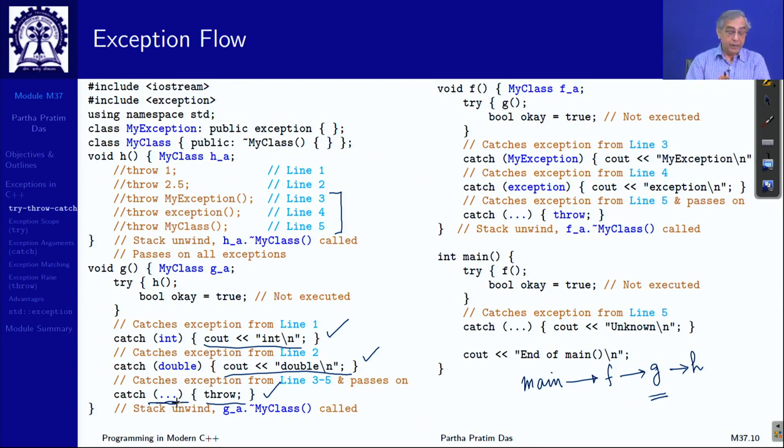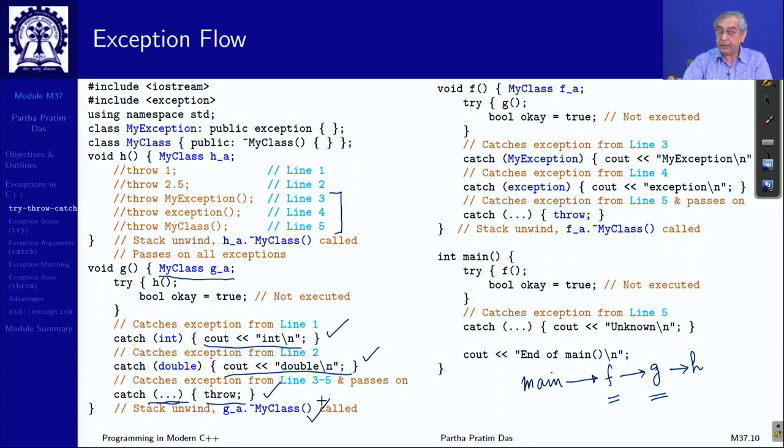So, G will also have now an unwinding of the stack, because it is throwing. If G unwinds, the control will go back to F, and before doing that, the local automatic object in G, as a part of the stack unwinding process, will get destructed. You can see the nice pattern that is being followed.